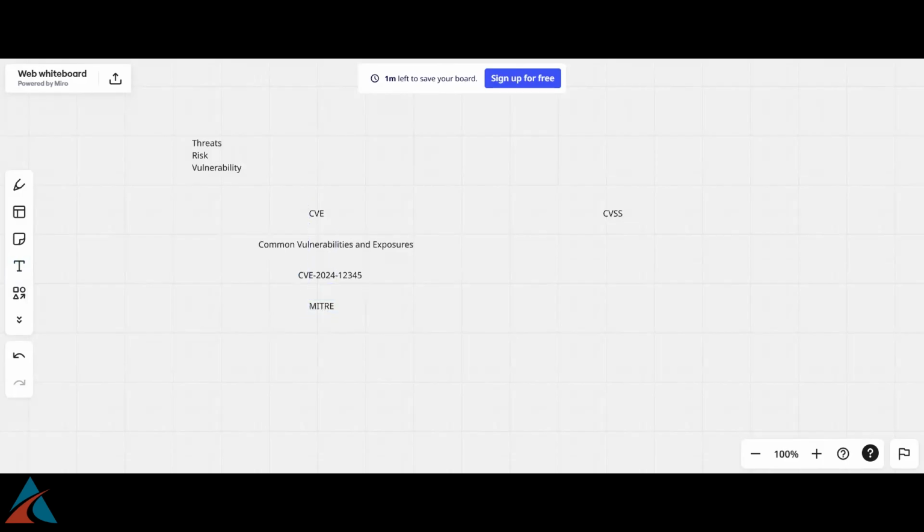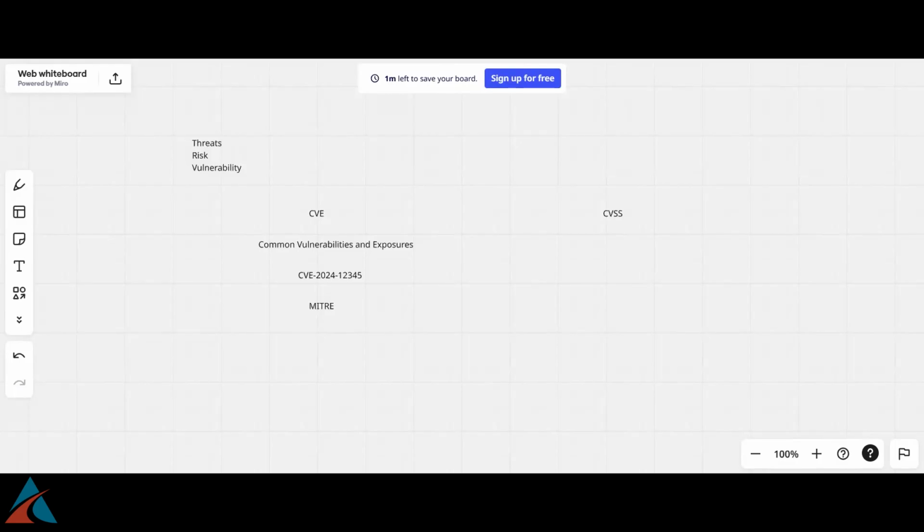Now, what is this MITRE? MITRE is an organization, like a framework. It's a big topic, I'll try to cover it in short. It's a non-profit organization that works with governments, agencies, or companies so that your cybersecurity posture is tightened, and it is developing several cybersecurity frameworks.